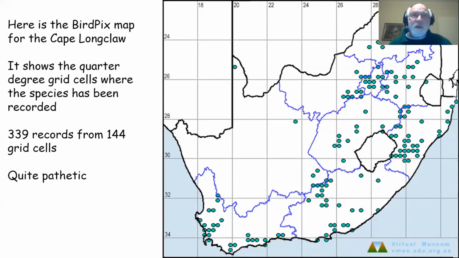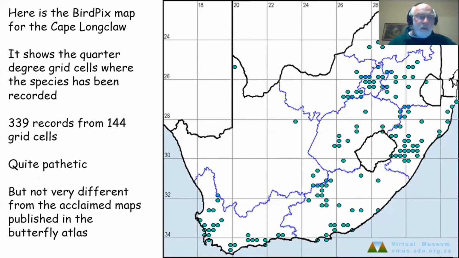So you plot the map for a species in Nigeria or Kenya or Namibia, and it's actually very disappointing how incomplete that distribution is in relation to what we know it must look like. So these maps are actually not very different from the published maps in the reptile atlas or the butterfly atlas, maps which have been considered absolutely amazing.